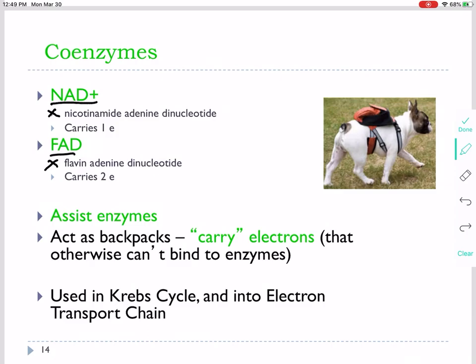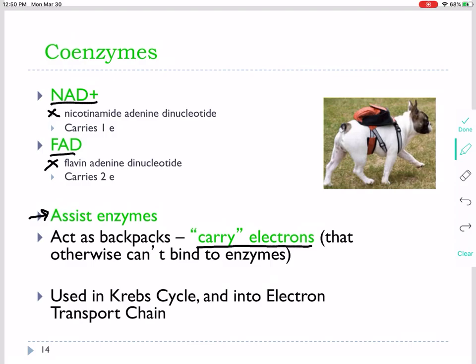All I'm pointing out is these, NAD and FAD, are coenzymes. And we've already established that coenzymes are little buddies on the enzyme. What they do is they're helpers. They assist enzymes. Most specifically, in the case of cellular respiration, NAD and FAD assist by carrying electrons.